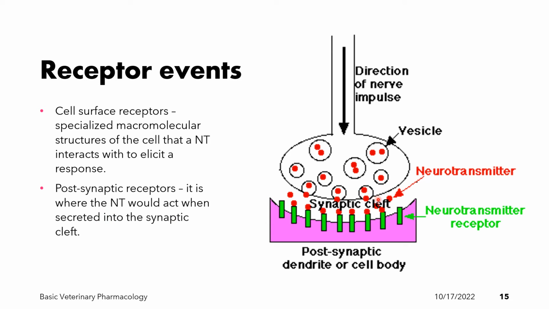These are ligand-gated ion channels, meaning that when the neurotransmitters bind to these receptors, they open. When the neurotransmitter is stimulatory, it will induce the opening of the ligand-gated ion channel, allowing the entry of calcium ions into the cell so that the action potential will be triggered in that cell.